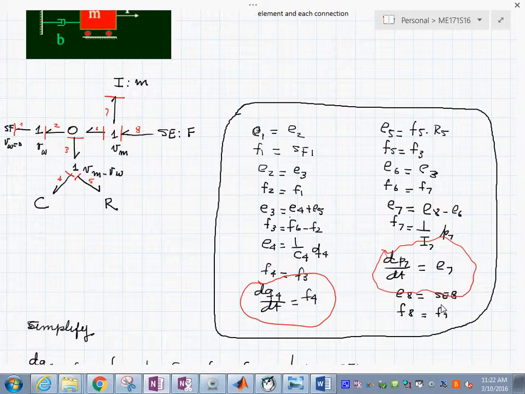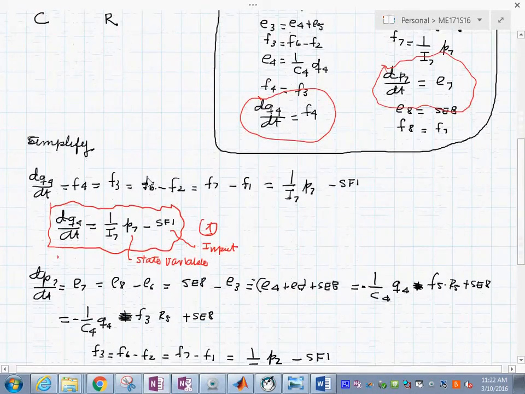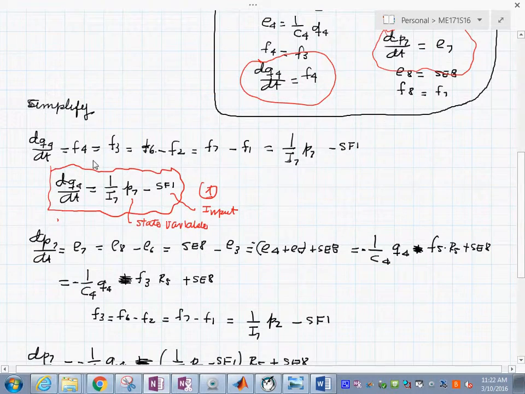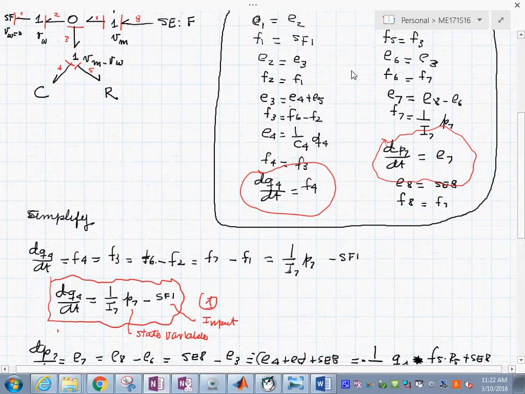So what we did, we said we're going to simplify this, although this is perfectly okay for computer simulation. In fact, CAMG and MATLAB have no problem in doing this, and in fact these equations are better if you have nonlinear systems, because you can basically modify any of them.